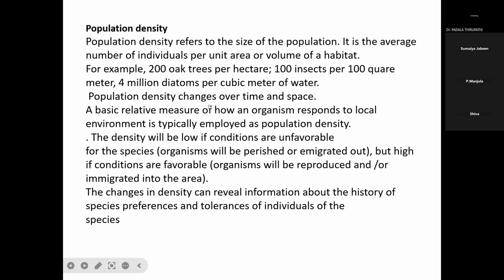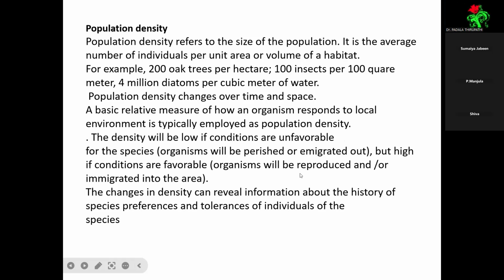Population density changes over time and space, and it is a basic relative measure of how an organism responds to the local environment. Density will be low if the conditions are unfavorable for the species.